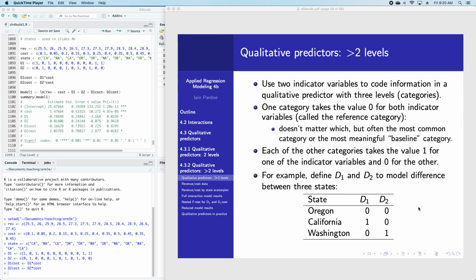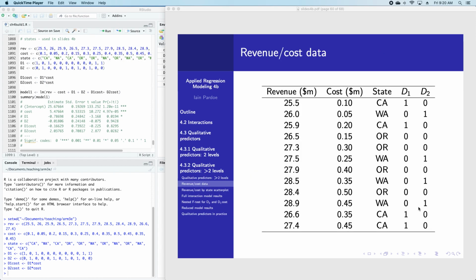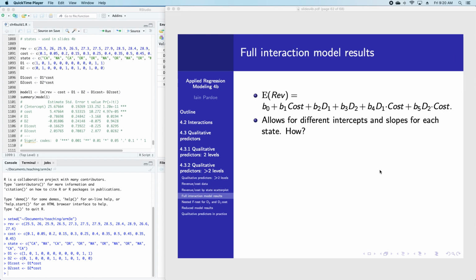So how is this going to help us model differences between the three states? Let's think about that in terms of a possible model. Here's one possible model where I've got cost as one predictor, D1 as another predictor, D2 as a third predictor, and then interactions between D1 and cost and between D2 and cost. Note that it doesn't make any sense to create an interaction between D1 and D2.